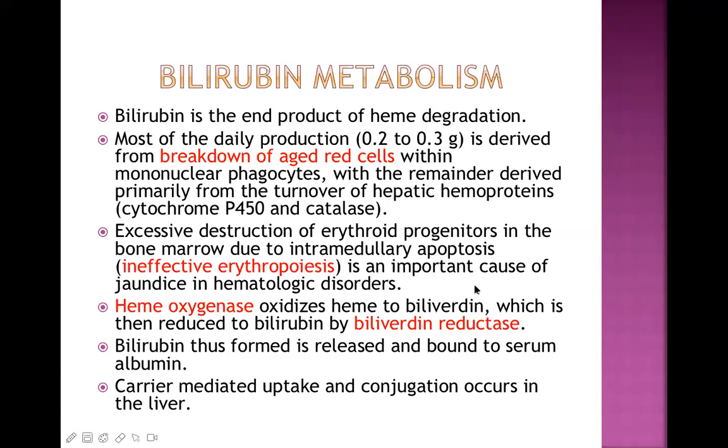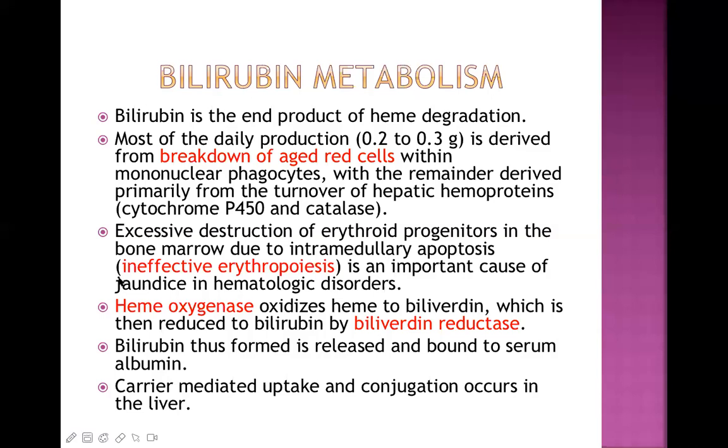One small point: there are some other sources of bilirubin as well, and these are cytochrome P450 and catalase. Now sometimes in diseases like thalassemia and megaloblastic anemia, inside the bone marrow itself, the young RBCs are synthesized and die before they come out to the blood.